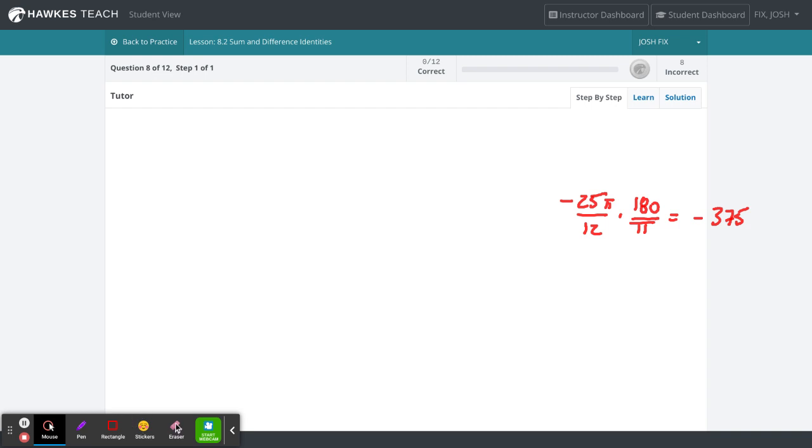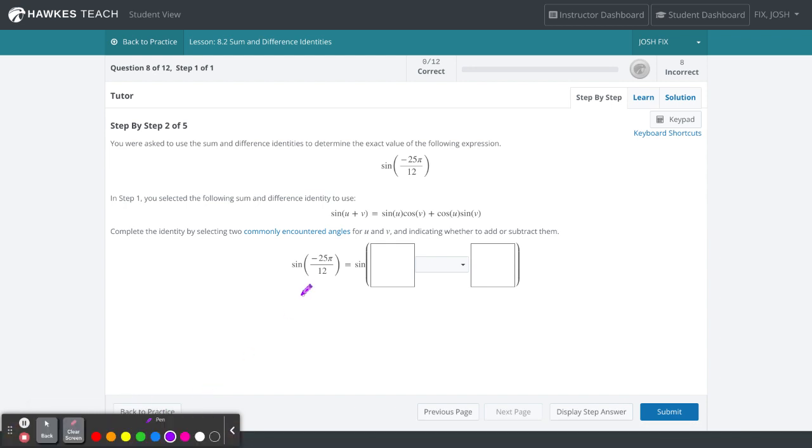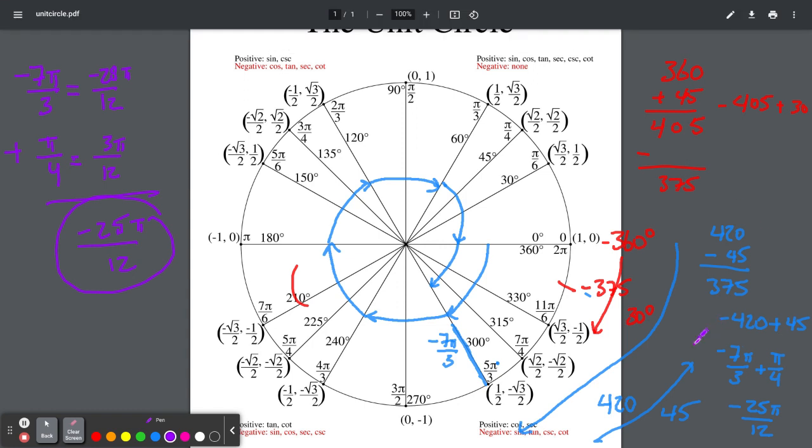So now, while that loads, let's go pen, clear screen. All right, so now basically what I'm going to do is take what we just determined here and plug that in. And that's these two numbers right here, that negative 7 pi over 3 and that pi over 4.